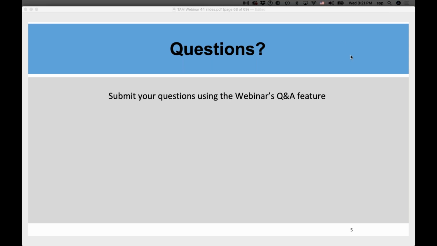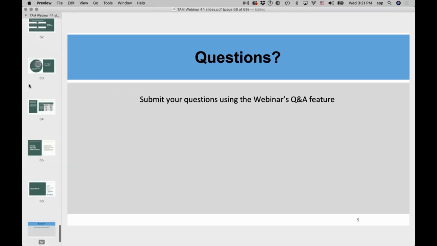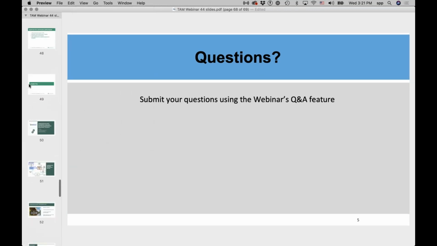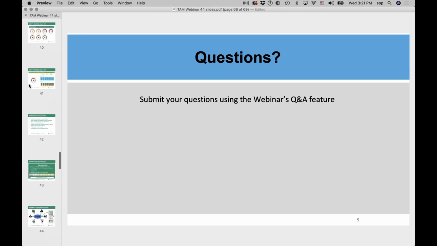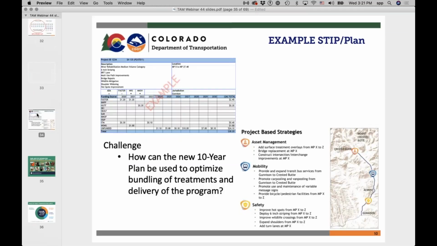Hey, Hannah, this is William. The last slide that I showed, as well as one before, I was talking about how a project consists of one or more treatments, and that's that dynamic between the HQ asset manager, or in the case of safety or mobility, the person responsible for the performance of that particular area.